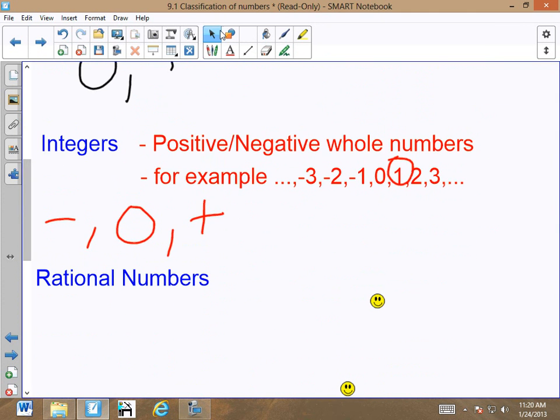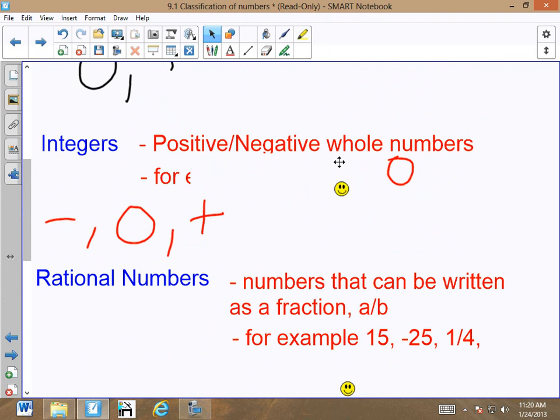Next, we have rational numbers. This is where it starts to get a little confusing. Rational numbers are any number that can be written as a fraction. Now, 15 is an integer.